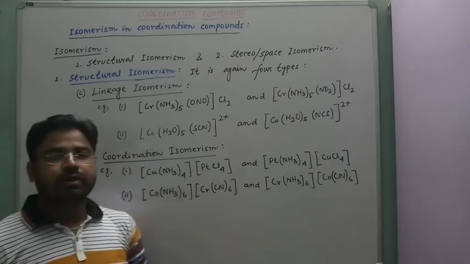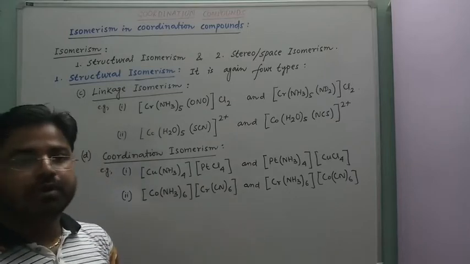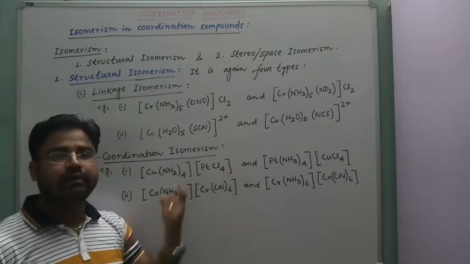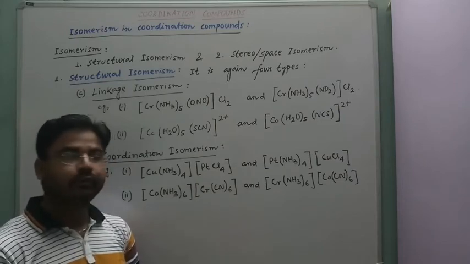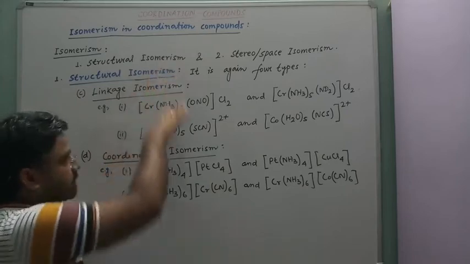The coordination isomers occur only in those compounds which contain both cationic and anionic complexes. Clear? So structural isomerism is over.